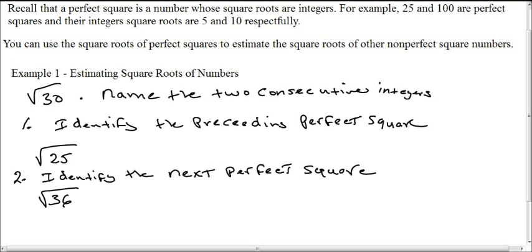So now the third thing we want to do is name the integers for the two perfect squares.